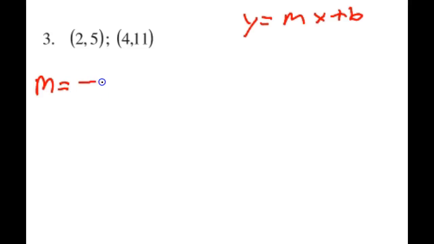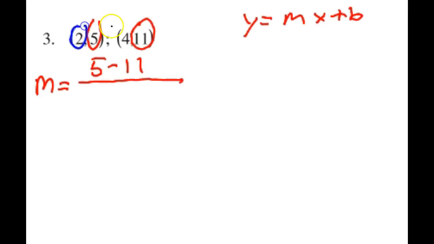One of them is a formula where you put the two y's on the top, 5 minus 11 on top, and 2 minus 4 on the bottom. So the x's go on the bottom and the y's go on top.